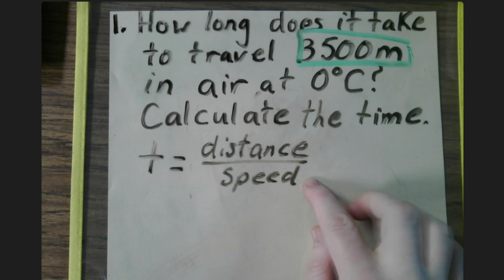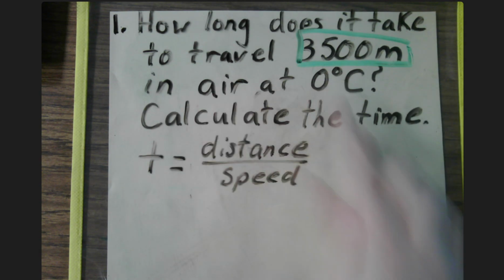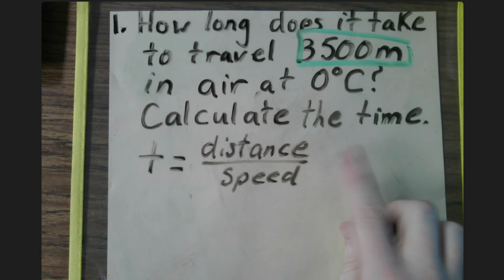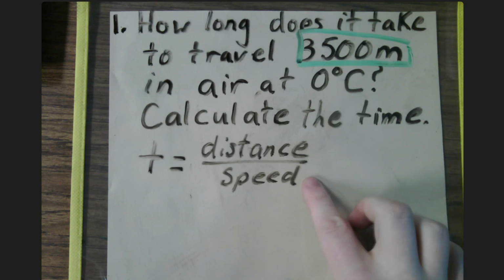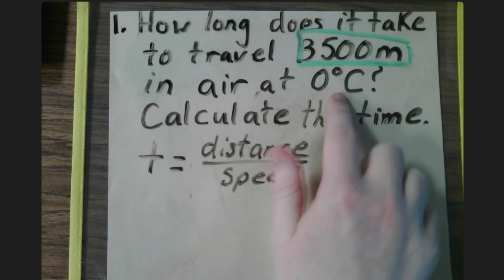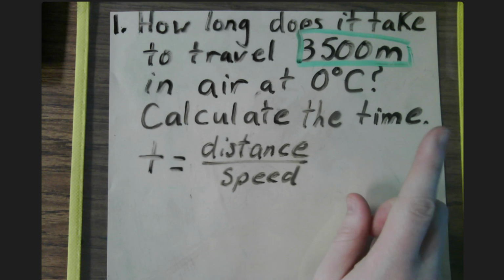But hang on. We look at this problem again. How long does it take to travel 3,500 meters in the air at 0 degrees Celsius? Well, that doesn't tell us our speed, which is in meters per second. It tells us that we're in a medium of air at 0 degrees Celsius. That's when we look at our chart.